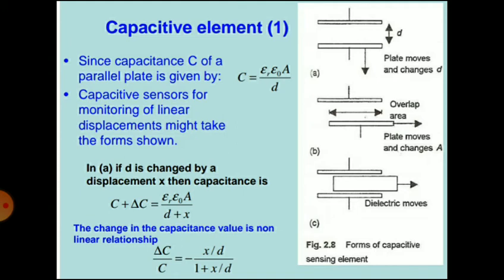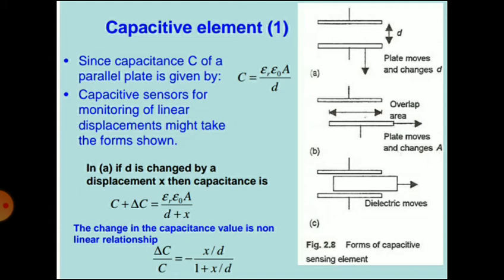In figure B, the change in the capacitance is directly proportional to the area A of the plates, which is the overlapping area. Thus, the capacitance changes linearly with the change in area of the plates.